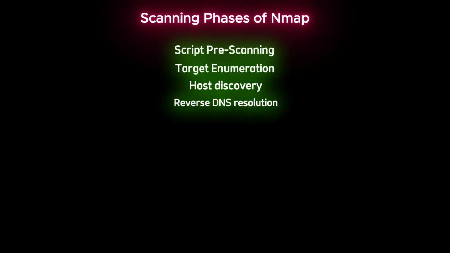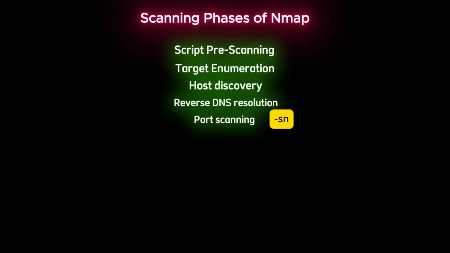Reverse DNS resolution: in this phase, Nmap performs a reverse DNS lookup to obtain a host name for each target. The -R argument can be used to force DNS resolution, and the -n argument can be used to skip it. Port scanning: during this phase, Nmap determines the state of the ports.